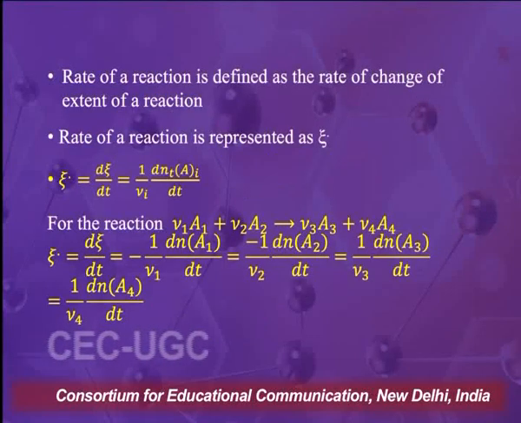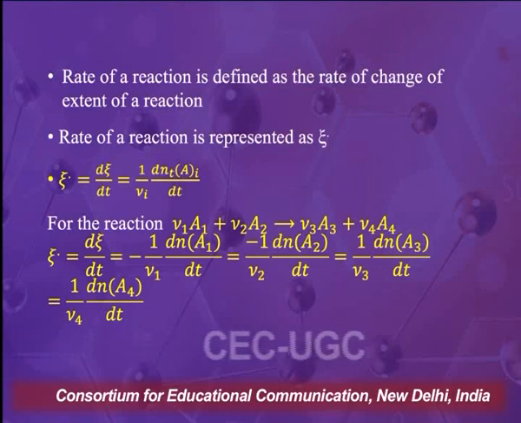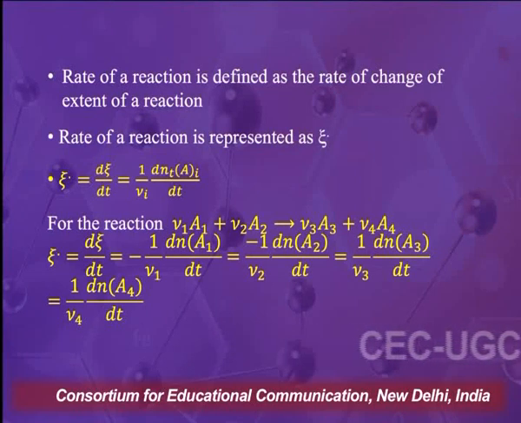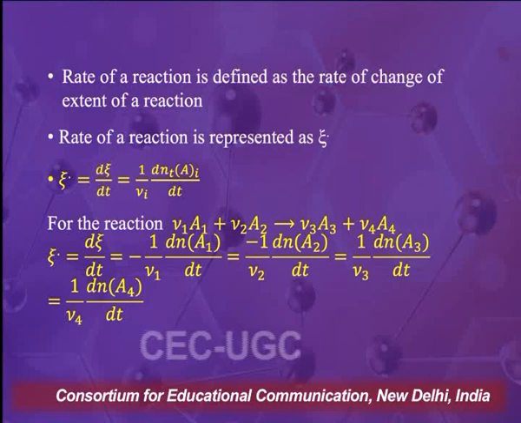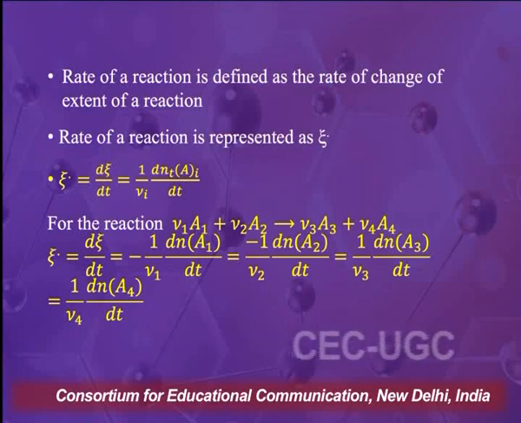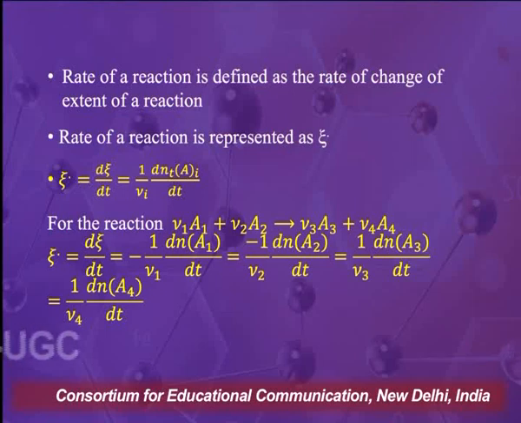So, the rate of a reaction is defined as the rate of change of extent of reaction and is represented as xi dot. Hence, xi dot is equal to d xi by dt is equal to 1 by nu i dn of A i by dt.